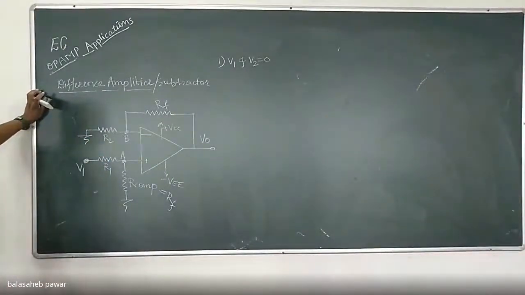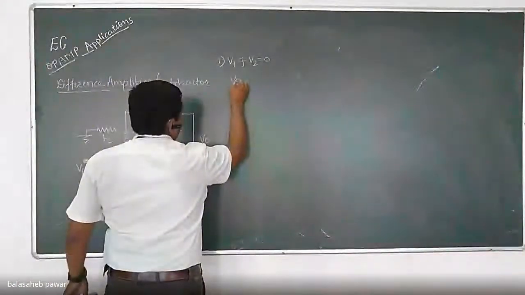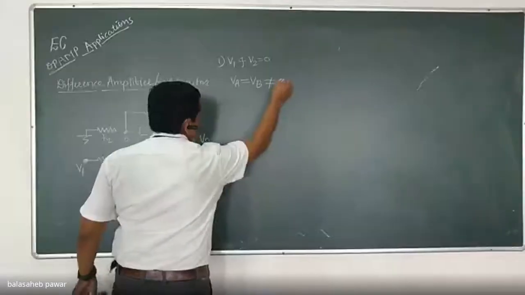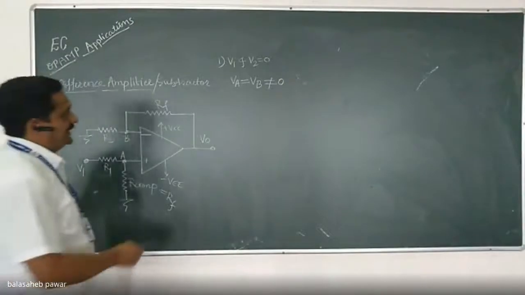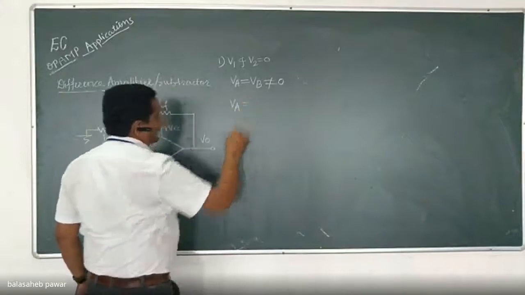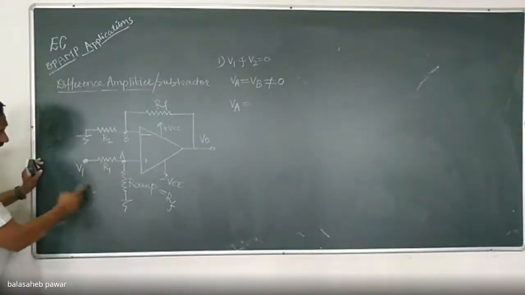So you have to write here, as per the virtual ground concept, VA equals VB, and that will not be equal to 0. It will be non-zero. So how much will be VA? Can anyone looking at the circuit diagram tell? You already studied the voltage divider rule. Just consider this part.